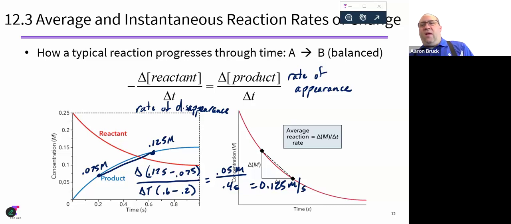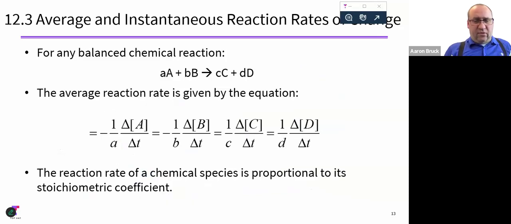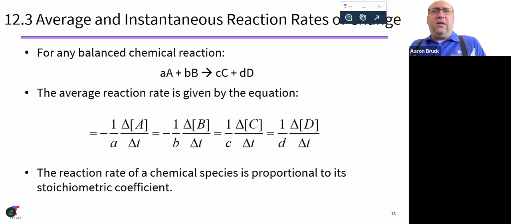And so an average reaction rate might not give us a really great and accurate picture of what's going on inside the reaction itself. So there might be other things that we want to look at. But let's stick with average here for a second.